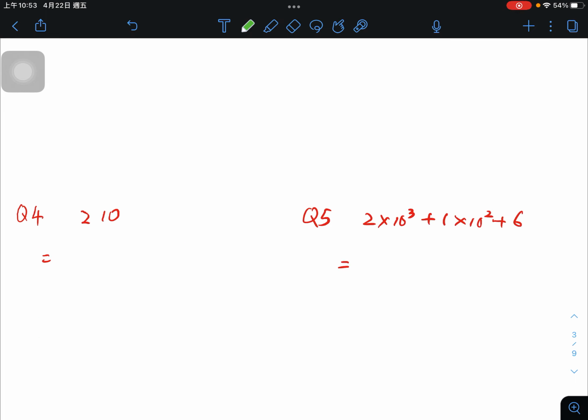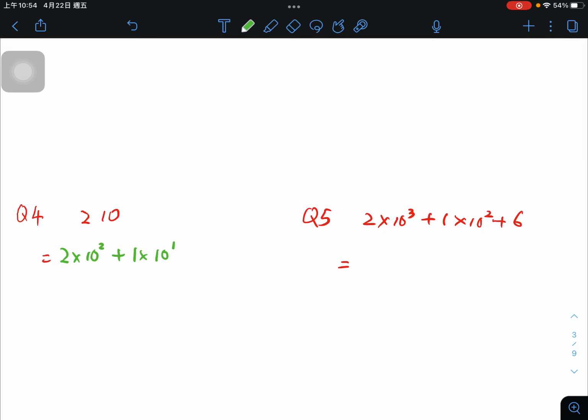So for question number 4 and 5. Question number 4 tells you to write the number in expanded form. I will write like this: 2 times 10 to the power 3 plus 1 times 10 to the power 2. This is the expanded form. Question number 5: change the expanded form back to the original number.